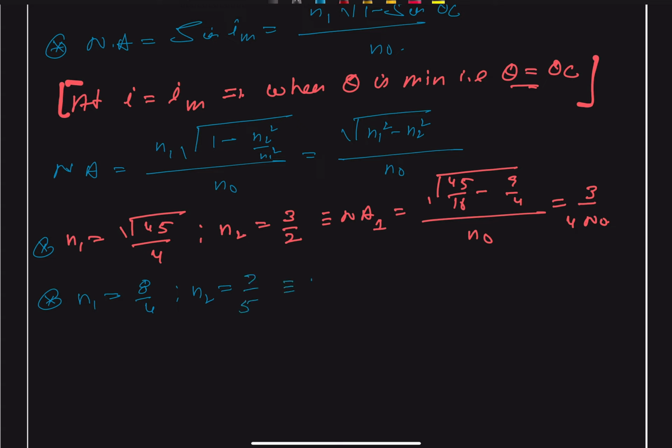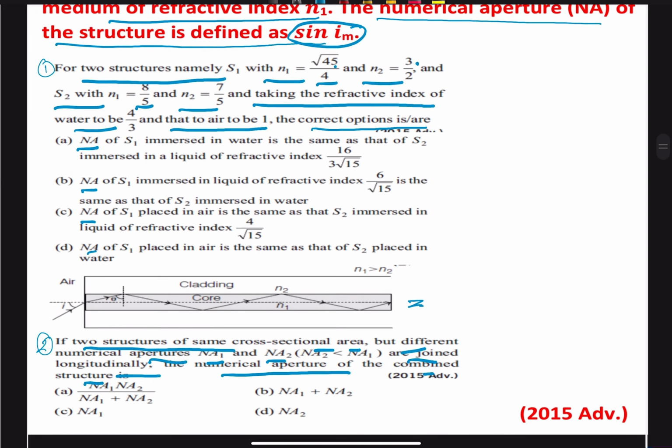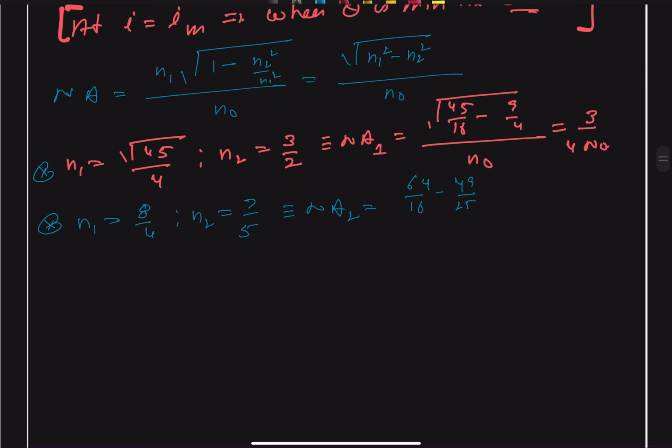So similarly, we get numerical aperture 2 will be equal to the square root of 64 divided by 25 minus 49 divided by 25, otherwise it would have a very complicated solution.